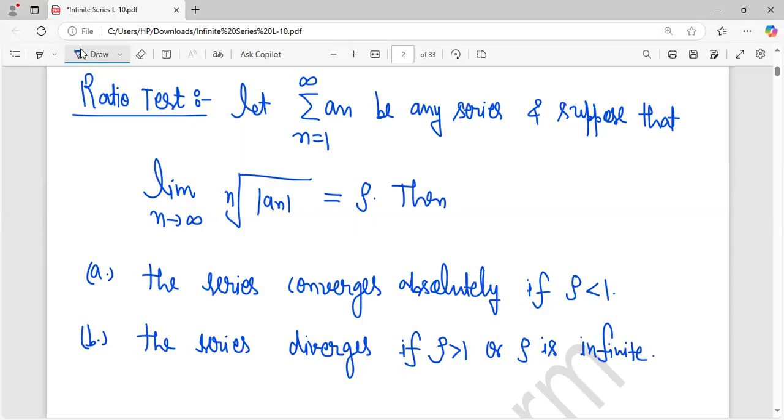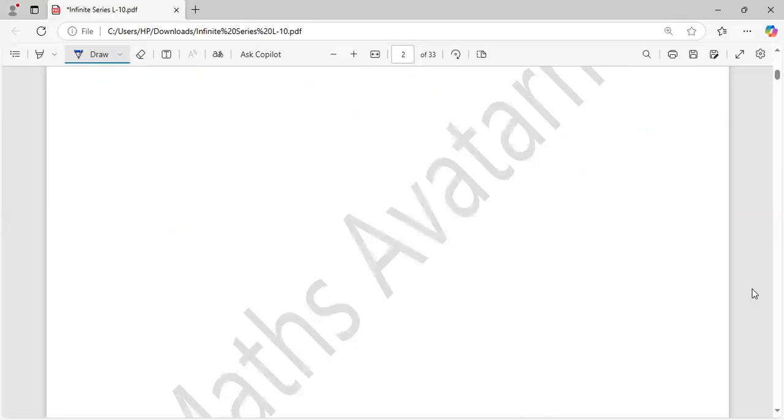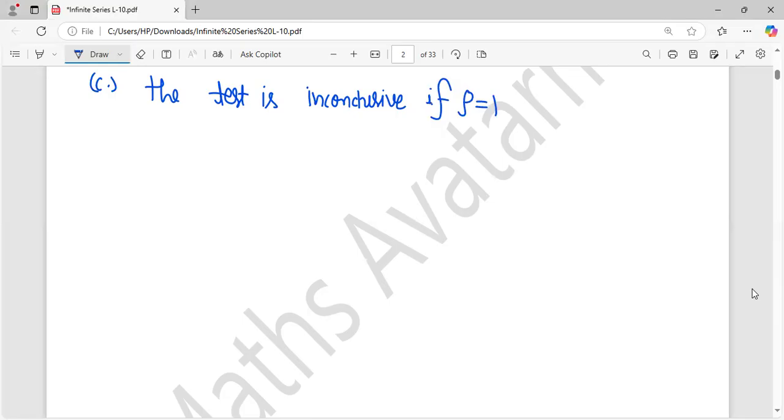And the third case, (c), is that the test is inconclusive if the rho value is 1. So let's see its proof, how it works.